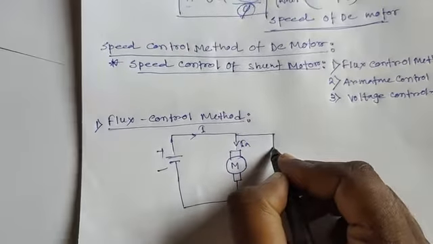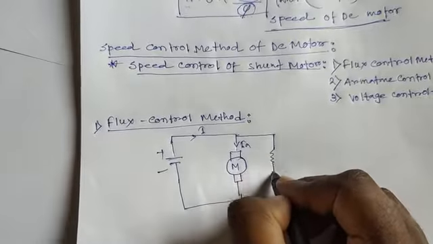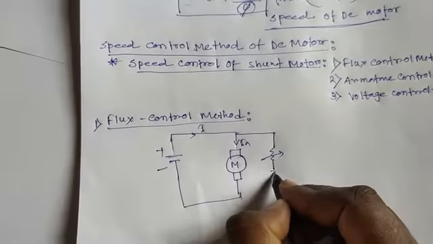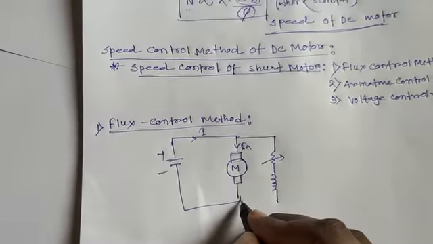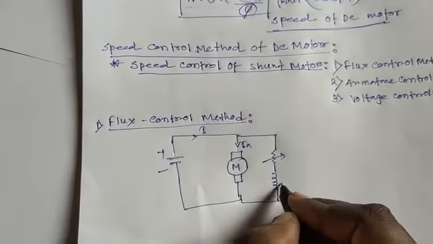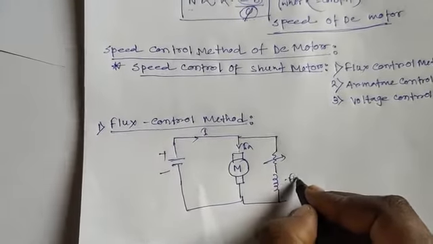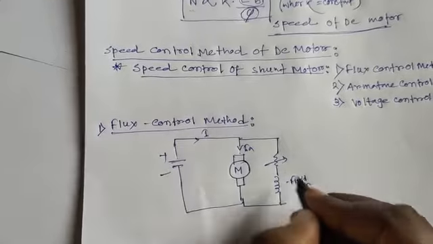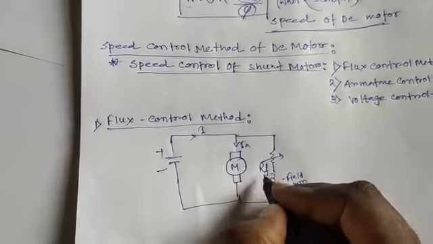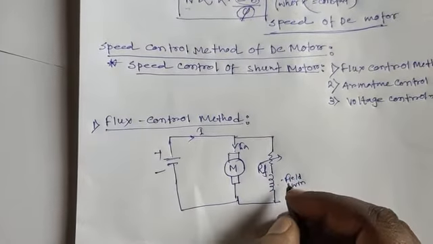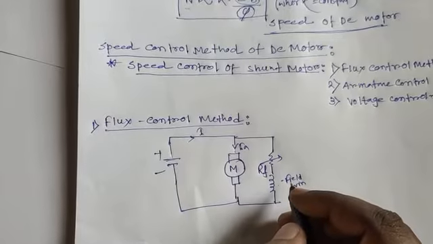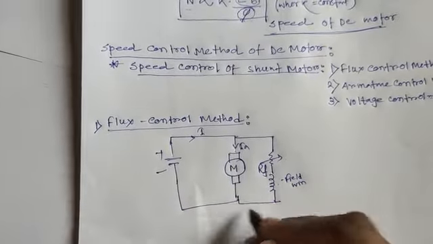This is the equivalent circuit of the DC shunt motor. This is the supply voltage, plus minus, this is the supply current I, this is the armature current IA, the motor M. A resistor, also called variable resistance, is added in series with the field winding. This is the armature winding, this is the field winding. This is the variable resistance added in series with the field winding as shown in the circuit diagram.